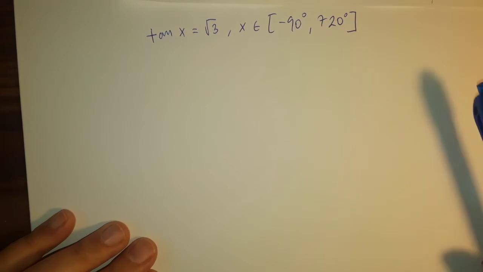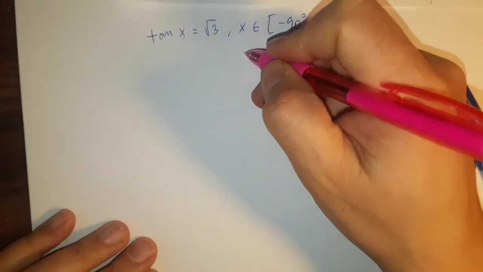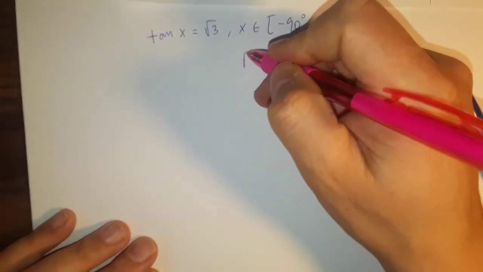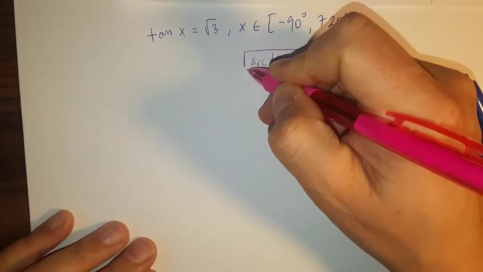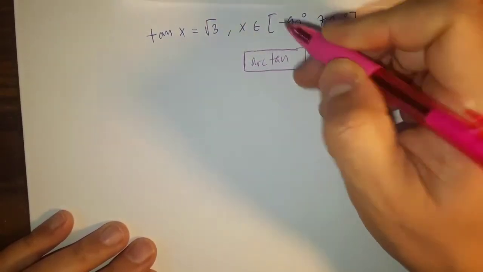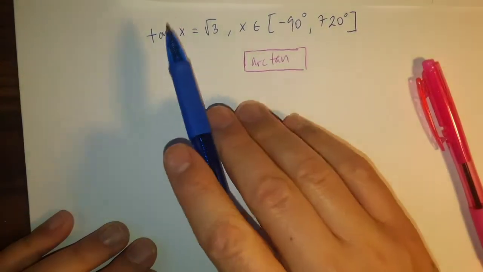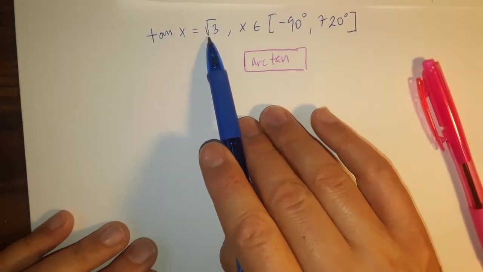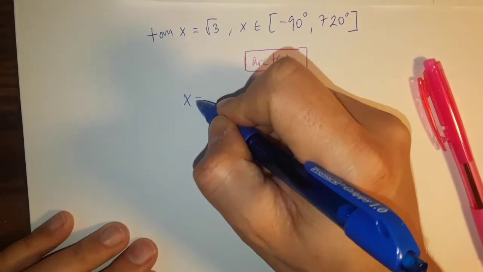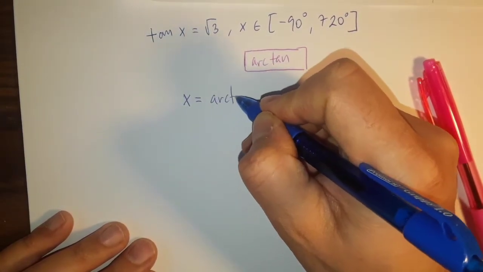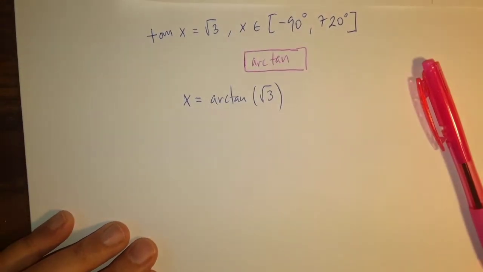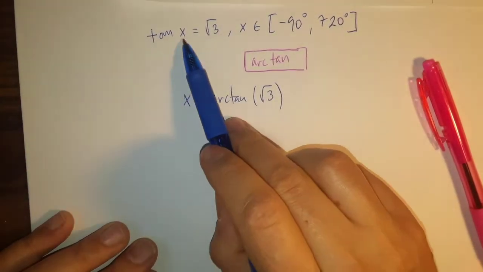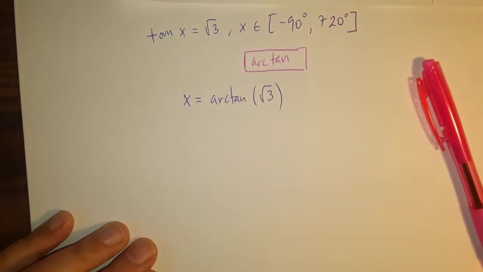To solve this, I'm just going to take the arctangent of both sides. That's the operation I'm going to do. On this side, it's going to cancel out, and here we're going to have arctangent. So we have x equals arctangent of square root of 3, which means: for which angle is the tangent the square root of 3? That's what we're trying to find.